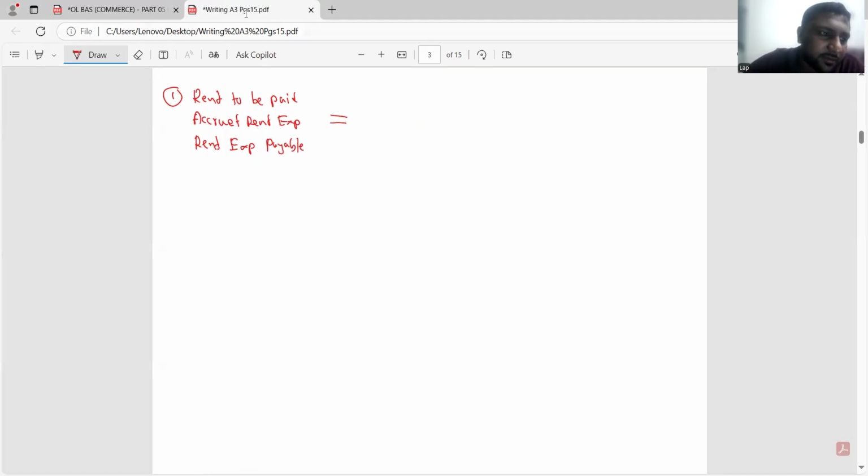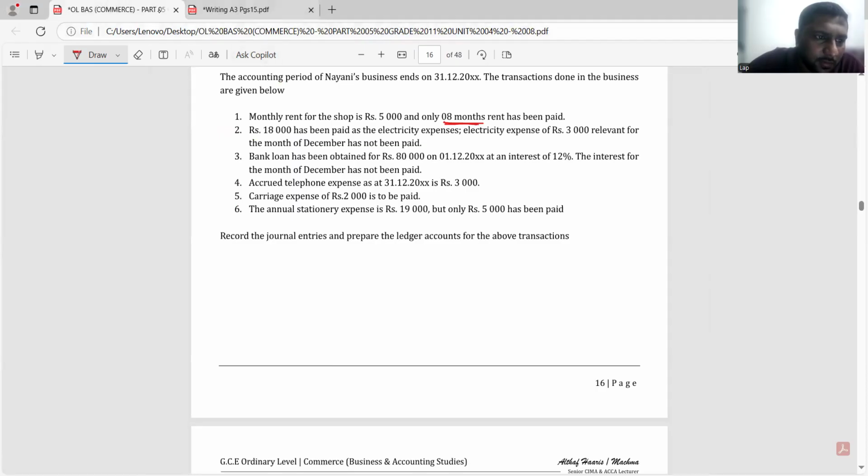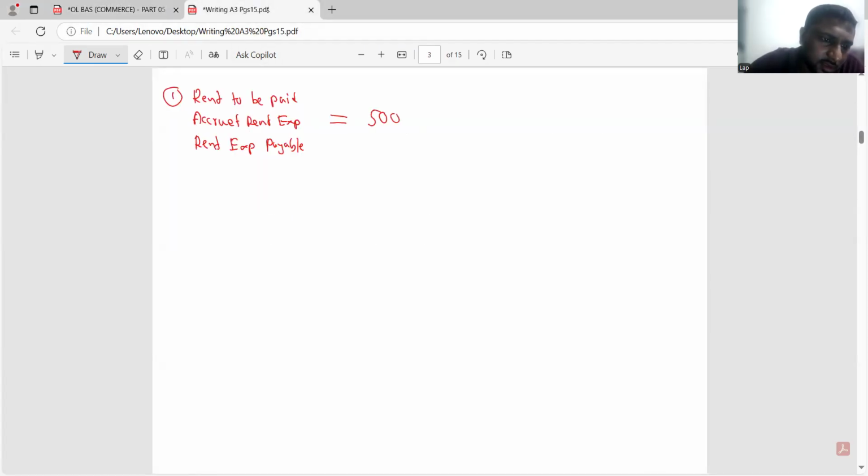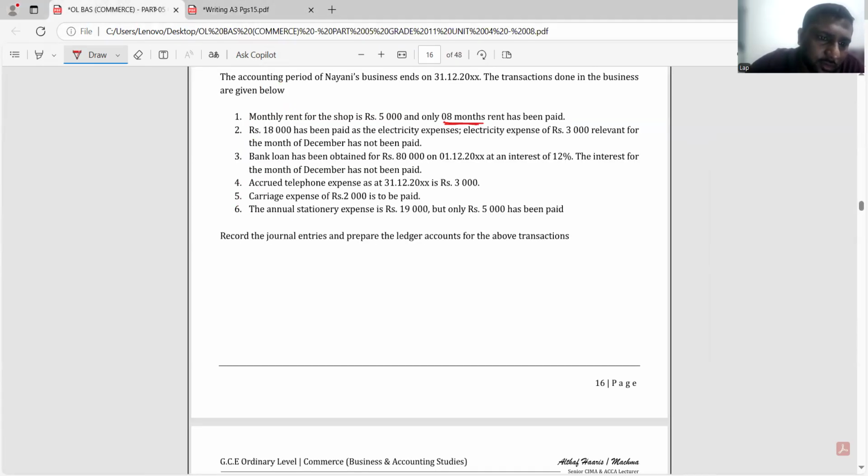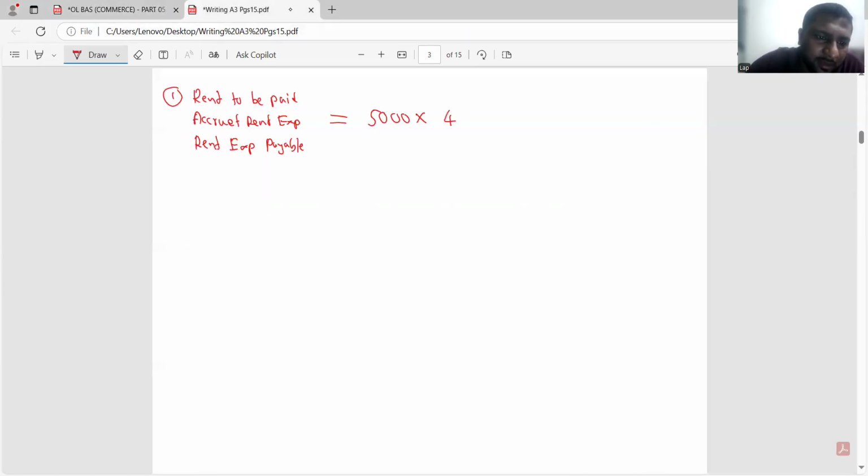How much is that? 5,000 a month. 8 months paid, that means 4 months not yet paid. And how much is the amount? 20,000. And what's the journal entry?